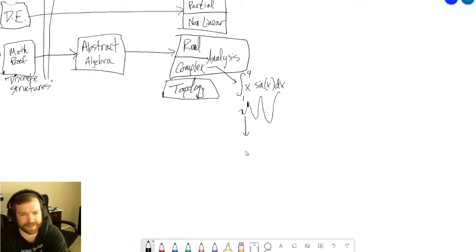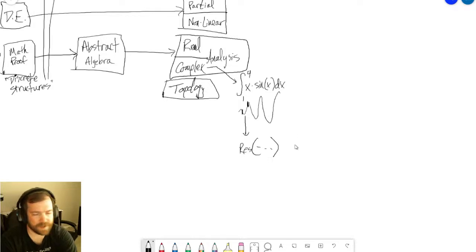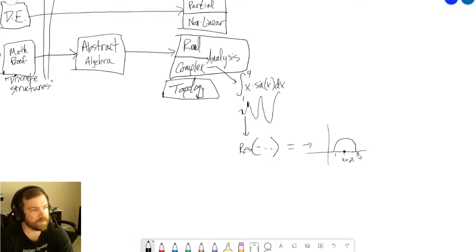But you're trying to find the residue of some stuff, which basically ends up being some calculations in complex numbers, and then this becomes: what is the area of a semicircle centered on this particular point? Let's say x equals 2 with a radius of 1. So this is going to be 1, this is going to be 3.